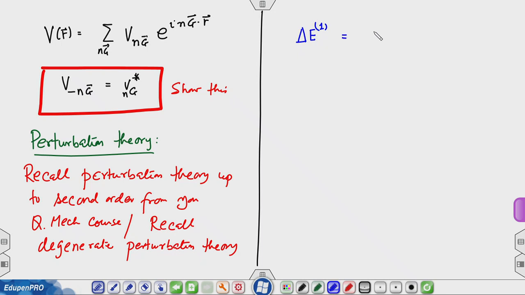is going to be given as the expectation value. This is for the kth wave function, psi k, V, psi k.